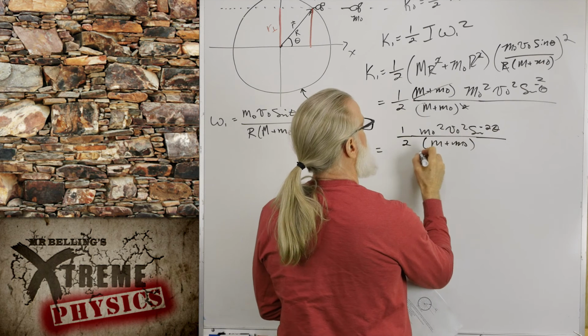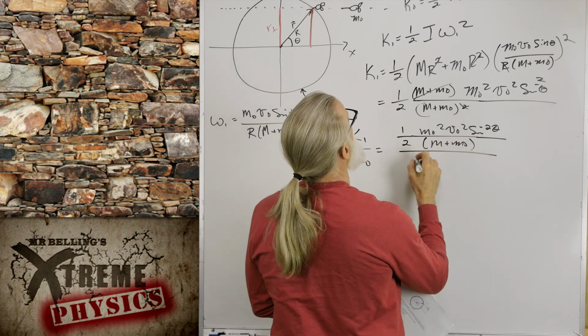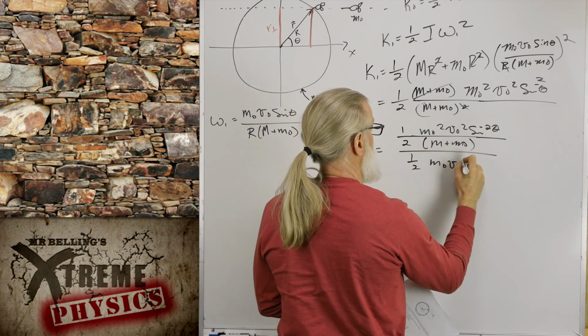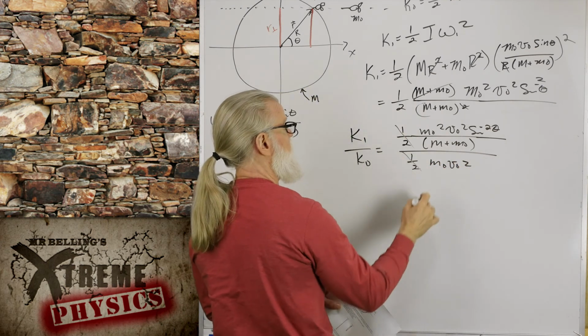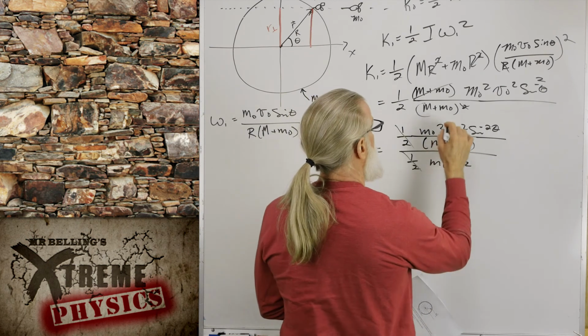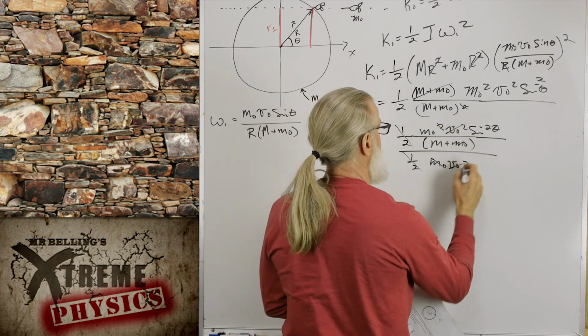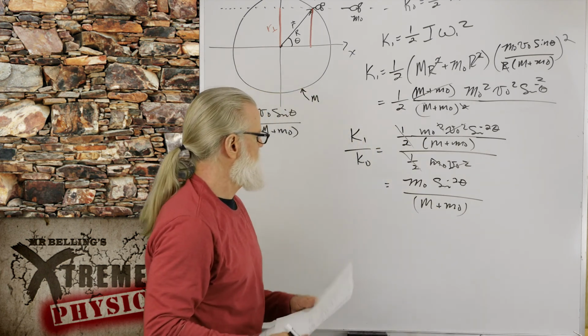Nothing squared there, I guess. And then this is 1/2 m0 v0 squared. All right, the 1/2s go away. One of the m0's goes away. The v0 squared goes away.